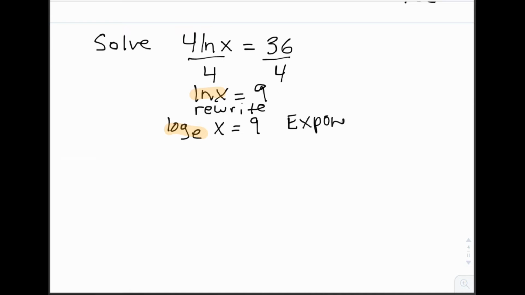Exponential form says that we take our base, which is e, and then we take our exponent, which is 9, and set it equal to, in this case, x. So e to the 9 is equal to x. Again, our base was e, our exponent is 9, and that's going to be equal to x.